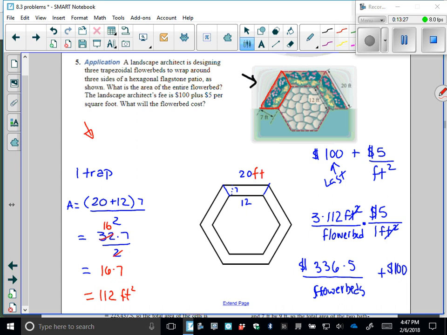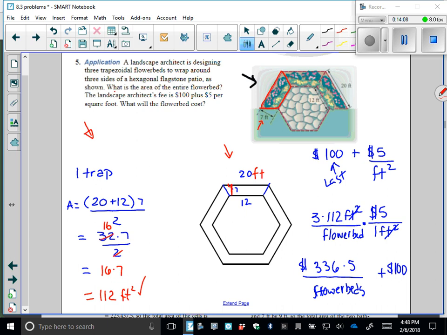And so we just over here found the area of one of the trapezoids, and that's what this picture was about, because the height of a trapezoid in this problem was 7, and you see that right there, but you could also think of it inside the trapezoid. And so basically I found out one trapezoid was 112 square feet. So when I read the problem, landscape architects designing 3 trapezoidal flower beds to wrap around the 3 sides of a hexagonal flagstone patio.